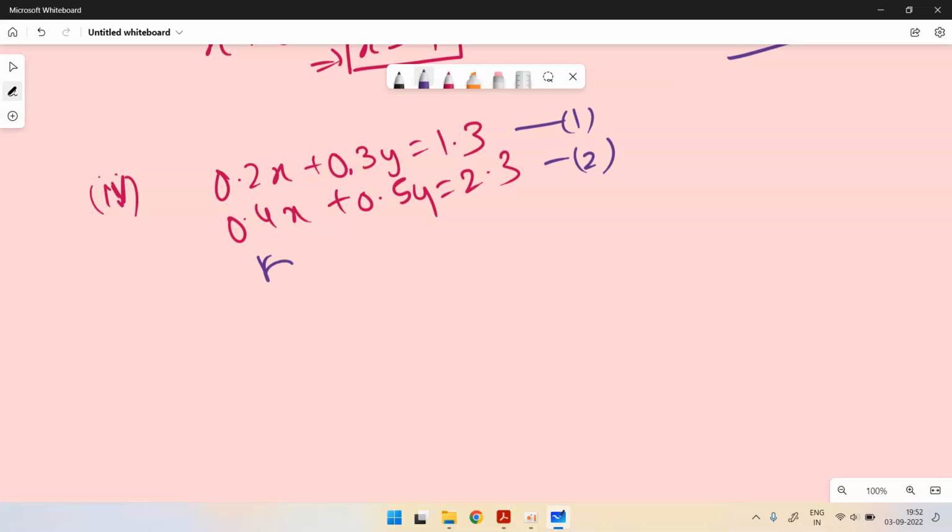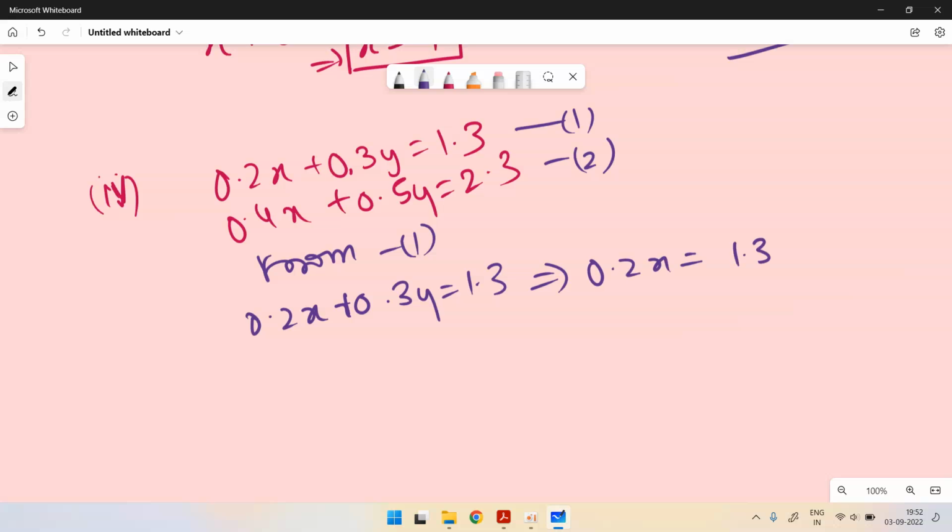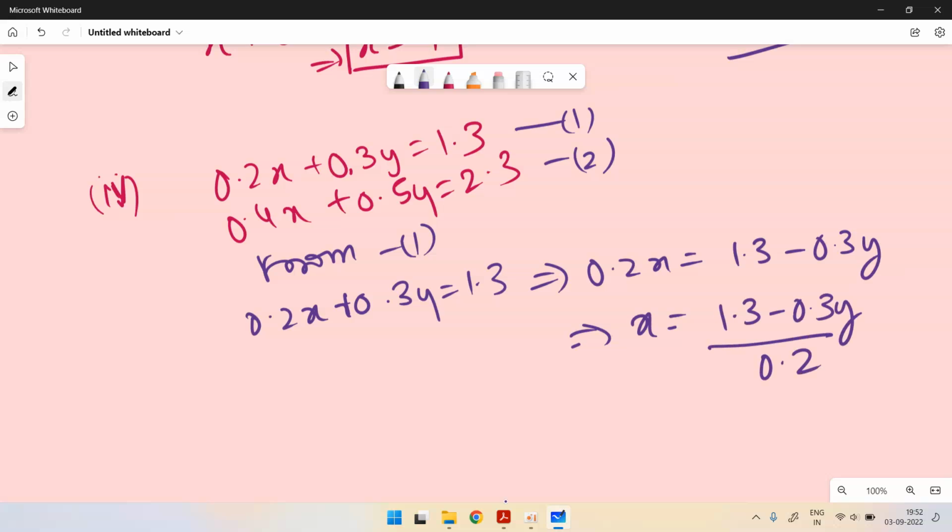Now from 1 you get the value of x. 0.2x plus 0.3y equal to 1.3, which implies that 0.2x is nothing but 1.3 minus 0.3y, which implies that x is nothing but (1.3 minus 0.3y) by 0.2.